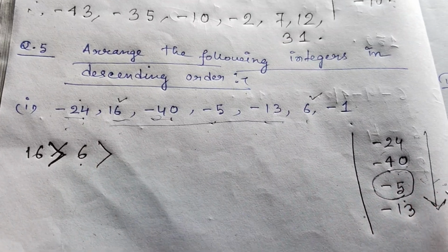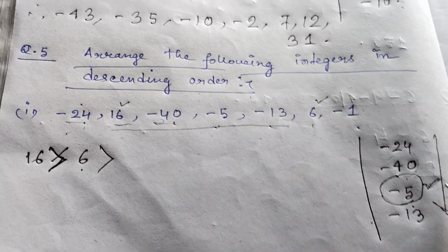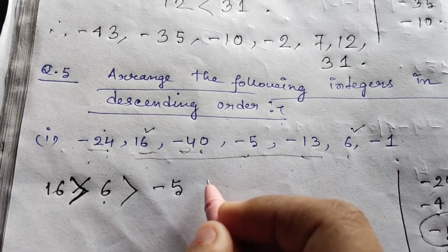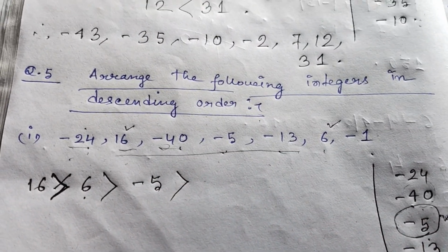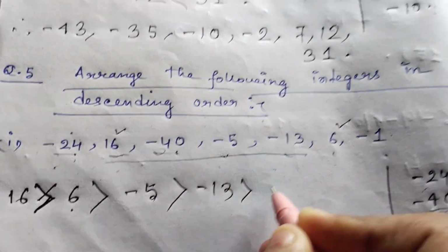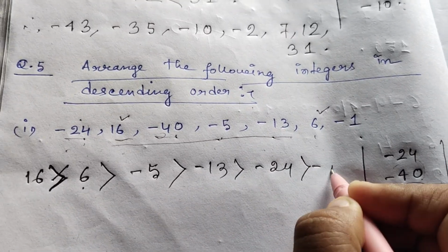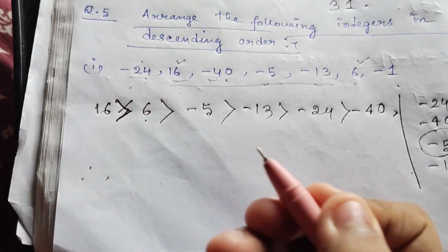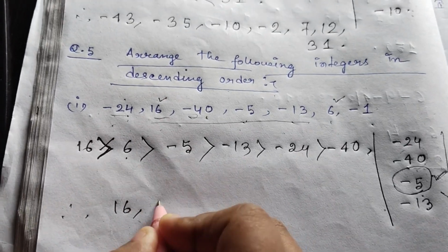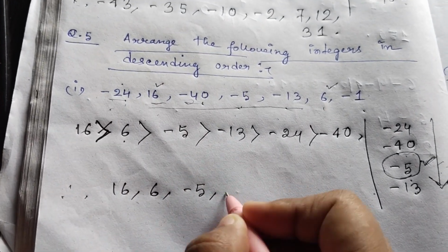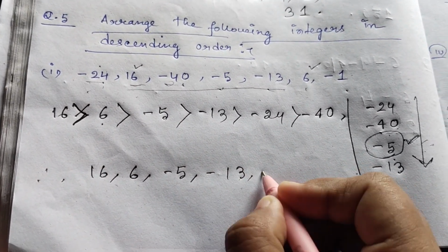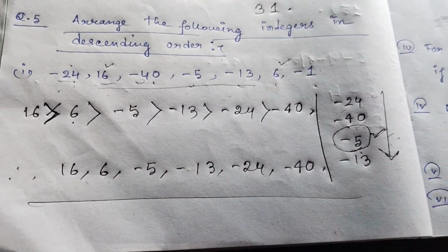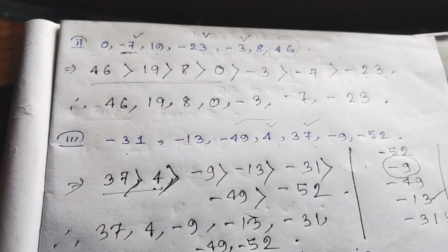So after 6, the negative integer I put is -5. -5 is greater than -13, then -24, then -40. Therefore: 16, 6, -5, -13, -24 and -40. This is our answer.